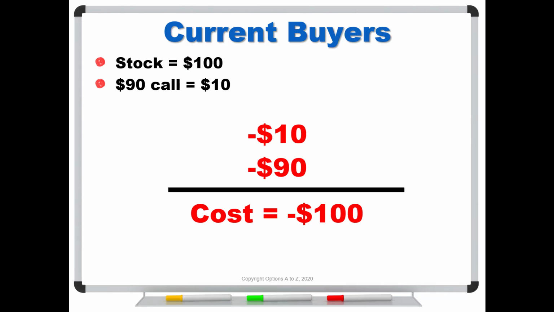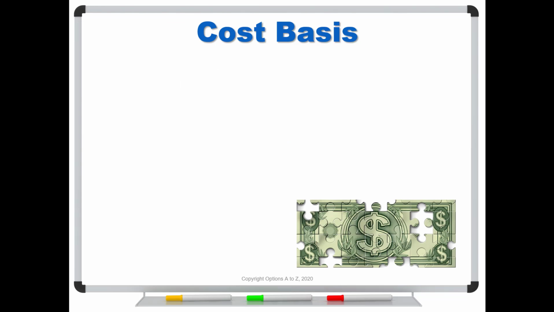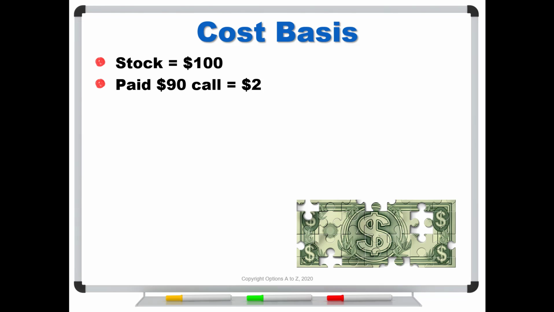But notice that is not true if you bought the call earlier. So if you want to get really technical, what is your cost basis in this example? Well, we would say with the stock at 100, what did you pay for the call? If you paid $2 for that call, then your cost basis is the $2 you paid for the call plus the $90 that you spent for the strike. Your cost basis is 92.